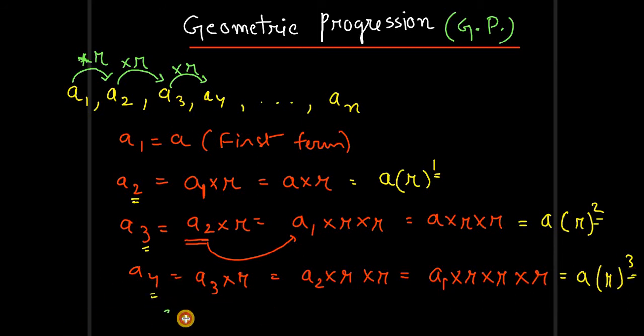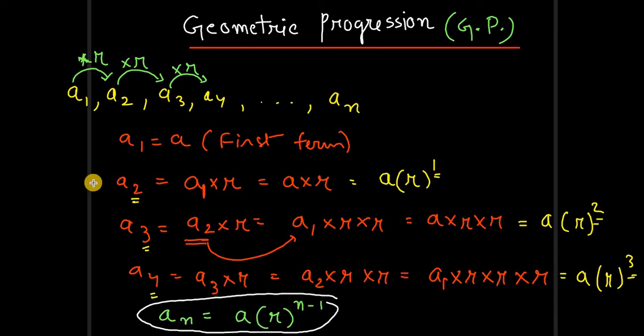Generalizing, an is equal to a r to the power n minus 1, because as we can see the pattern over the sequence, a2 is a r to the power 1, a3 is a r to the power 2, so an will be a r to the power n minus 1. This is the nth term of the geometric progression, or the geometric sequence.